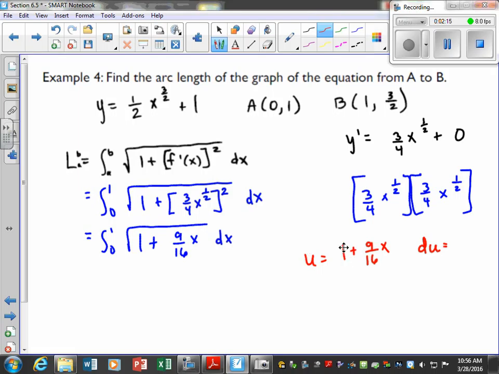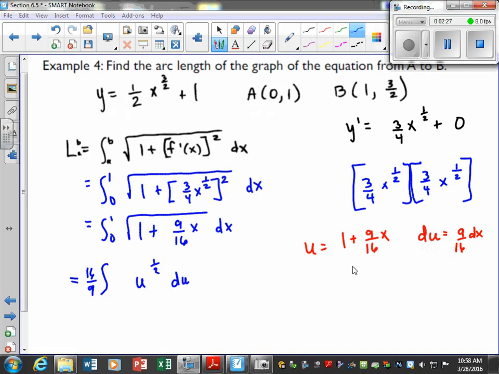The derivative of this is nothing but the derivative of this term: 9/16 dx. Okay, so if our u is this term and our du is 9/16 dx, we can rewrite this as u to the 1/2 du, but the 9/16 is extra, so we account for that by pulling 16/9 out front. Go ahead and take the antiderivative of this.